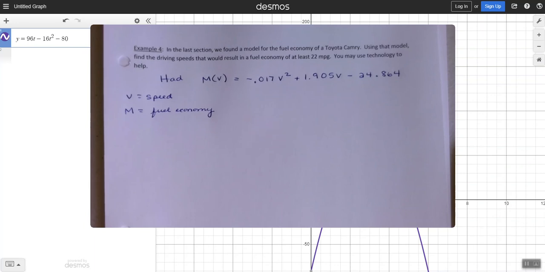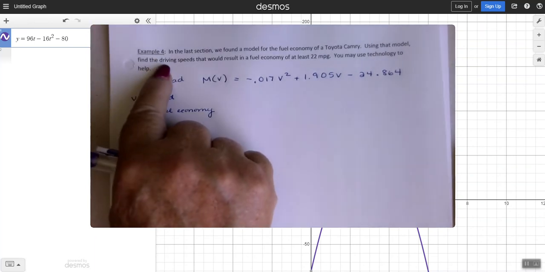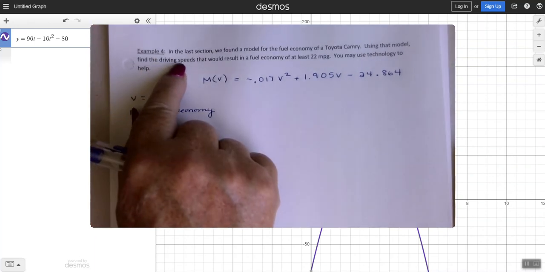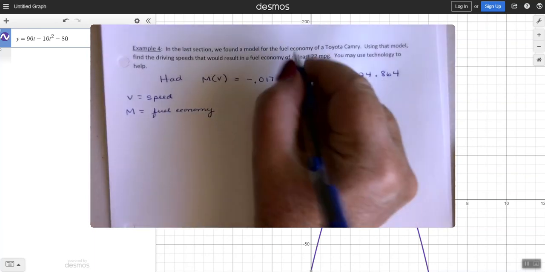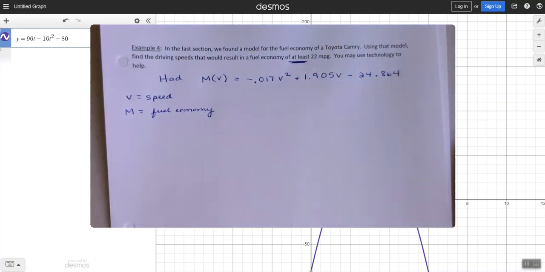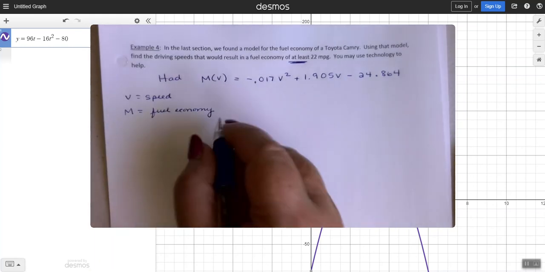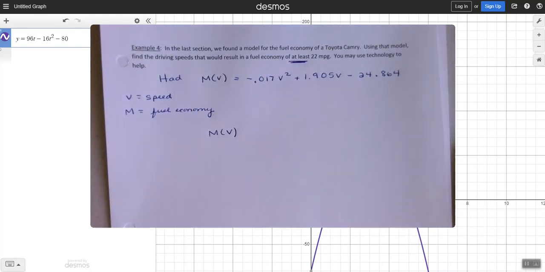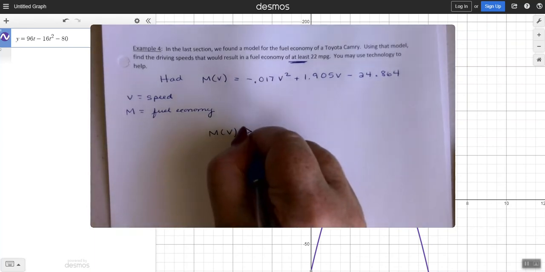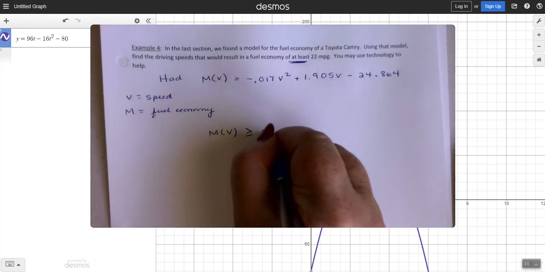All right, so we're going to use that same model, and this time our goal is to find out what speeds you could drive at that would give you a fuel economy of at least 22 miles per gallon. So we want our fuel economy, m of v, to be at least 22, or in other words, it can be greater than or equal to 22, right?